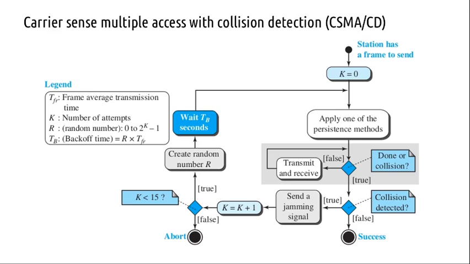It will send a jamming signal, and on receiving this jamming signal all the nodes will enter a wait phase, and that wait phase is random. Then it goes back to the loop, k is incremented, and it will try to retransmit that frame, and any of these persistent methods can be used to resolve this.